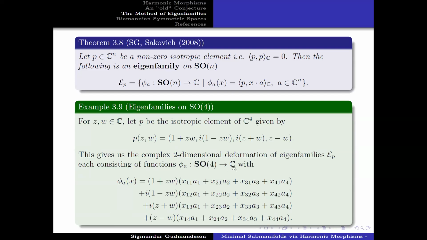So here, for each P of this type, this is generated by two complex numbers. You get this whole family. But okay, this is just an example in higher dimensions.